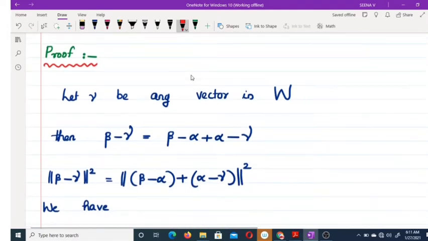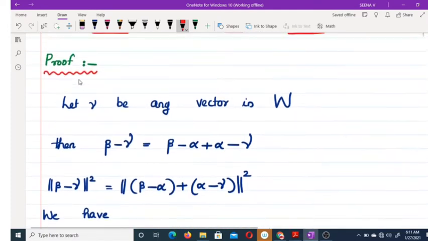So for proving this, first you take any vector gamma in W. Beta is a vector in V, and for any vector gamma in W, what is beta minus gamma? Beta minus gamma you can write as beta minus alpha plus alpha minus gamma. Add and subtract alpha.